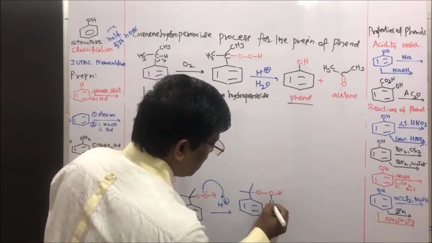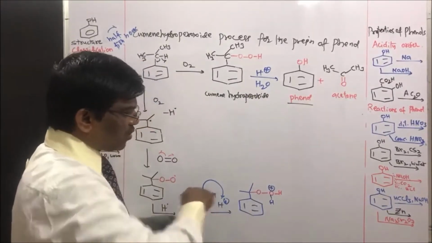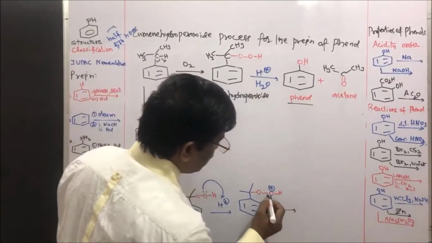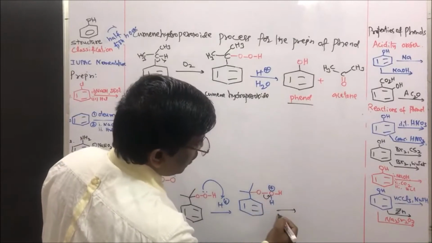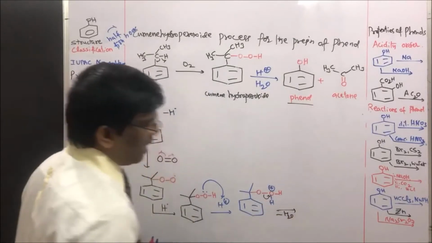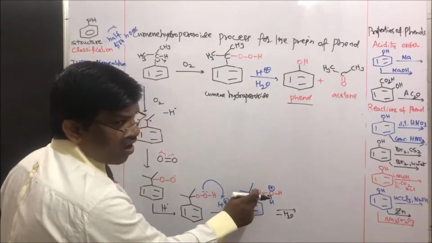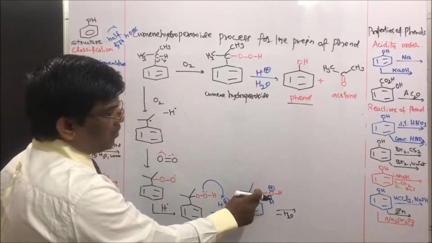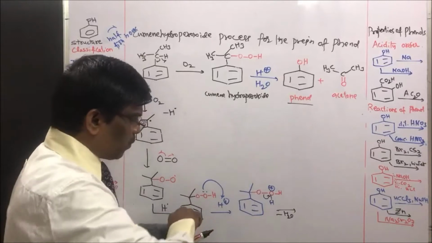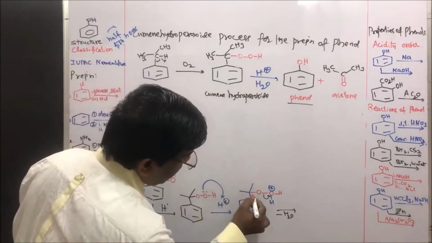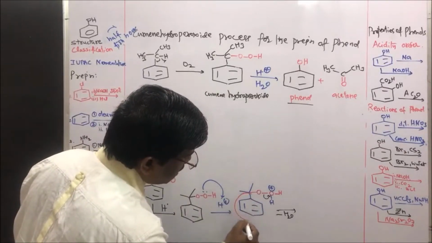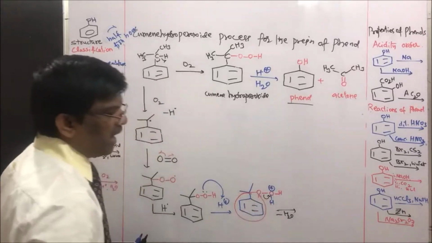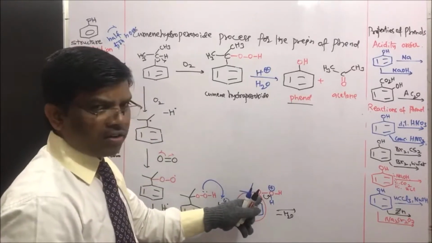Now this oxonium ion is going to lose a water molecule, minus water. What is the charge on this now? This oxygen is going to attain a positive charge. To satisfy that positive charge, this phenyl ring along with its bond is going to migrate or rearrange onto this oxygen.